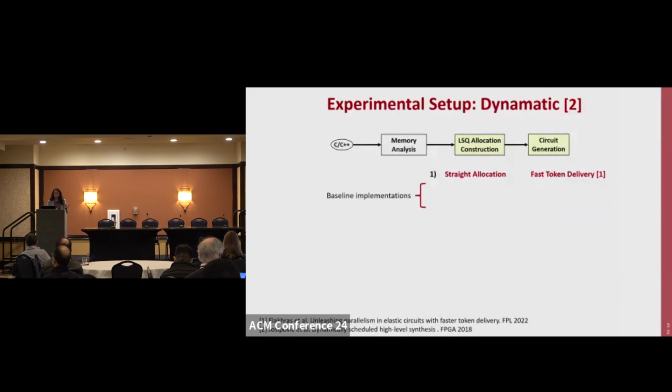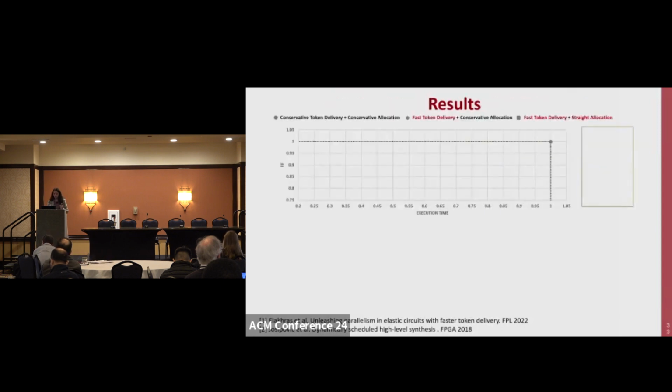We evaluated our methodology against 2 baseline implementations. The first is having a conservative allocation methodology with the fast token delivery. And the second is having a conservative allocation methodology with a conservative token delivery that existed before in Dynamatic. So we normalized our results against the entirely conservative approach.